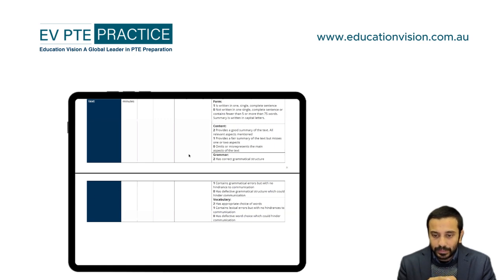The first one is form. Form refers to writing your summary in one sentence. Meaning, in summarize written text, you need only one full stop at the end of the whole sentence. So your summary should be in one sentence, not multiple sentences.